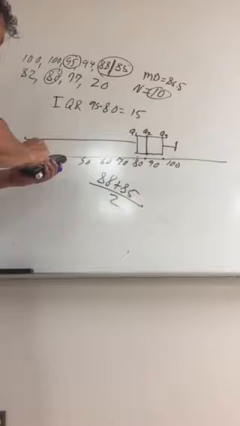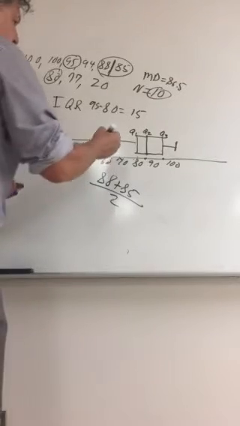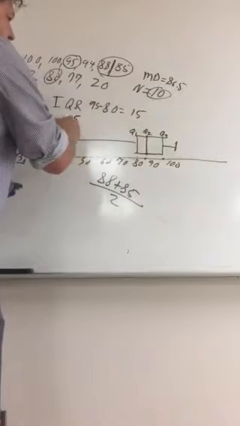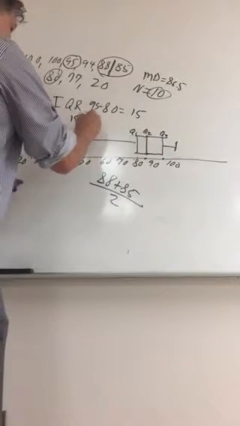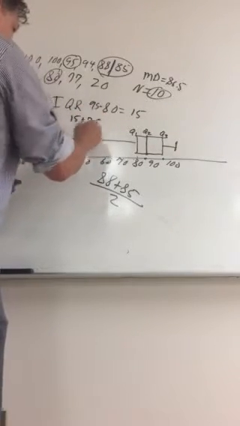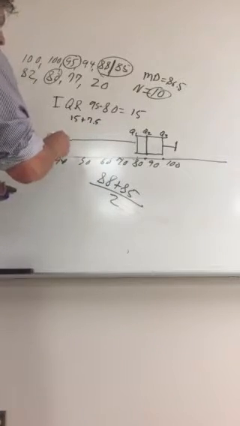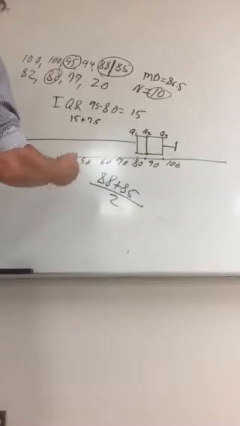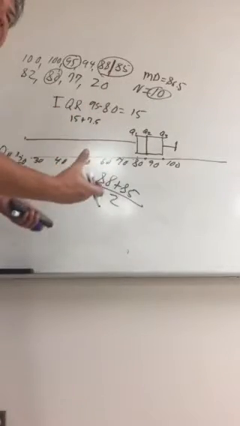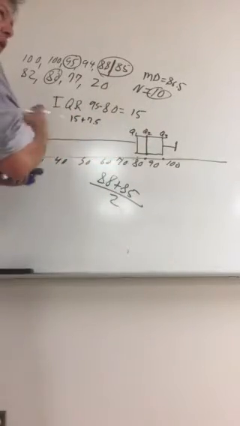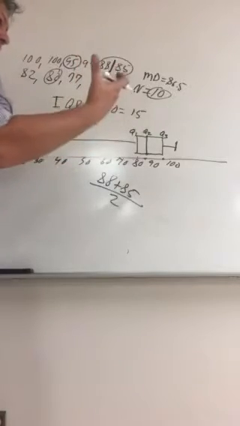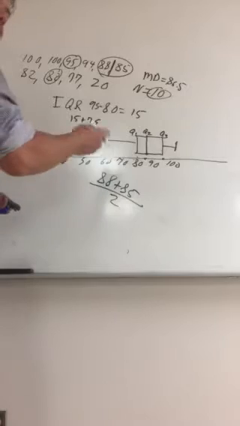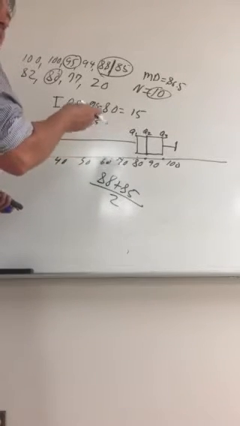So 15 divided by 2 equals 7.5. Then I'm going to take 15, my IQR, and add 7.5 to that, and that's going to give me my Tukey casting net. It's going to catch data that belong with the rest of the data. Anything outside the casting net, we're going to consider to be an outlier.